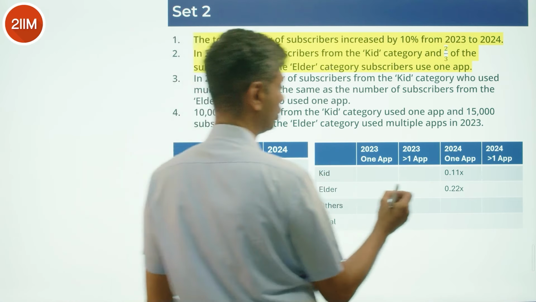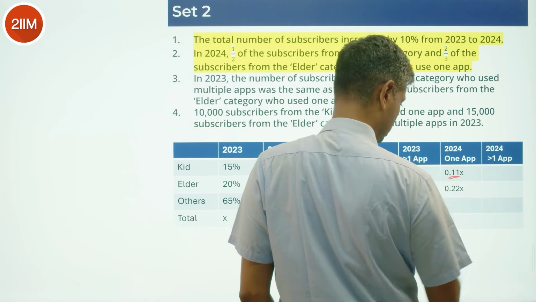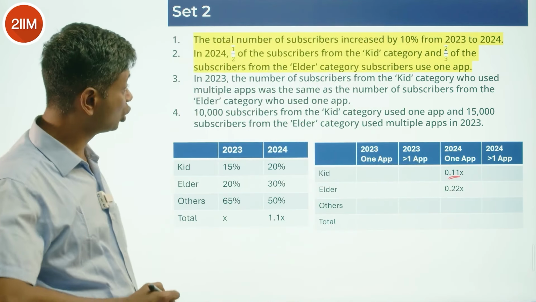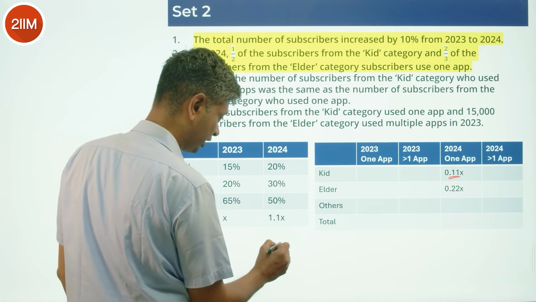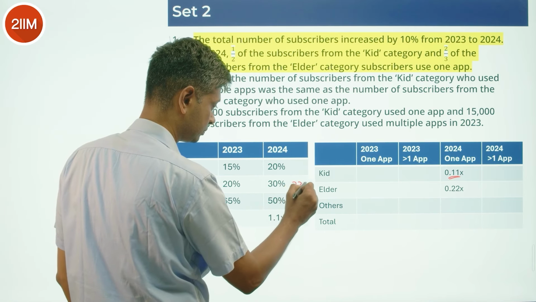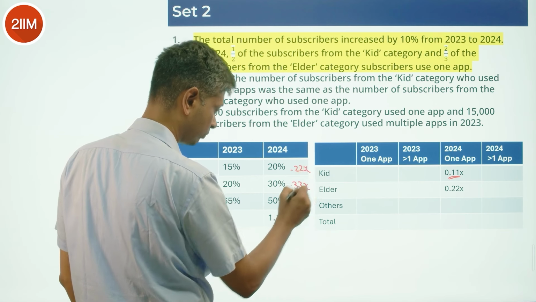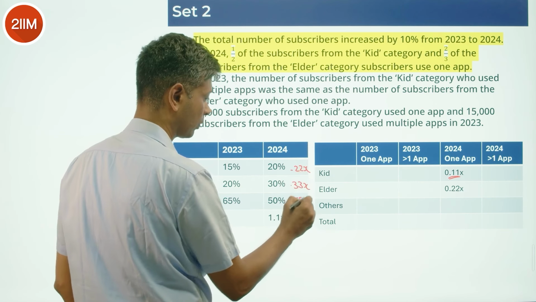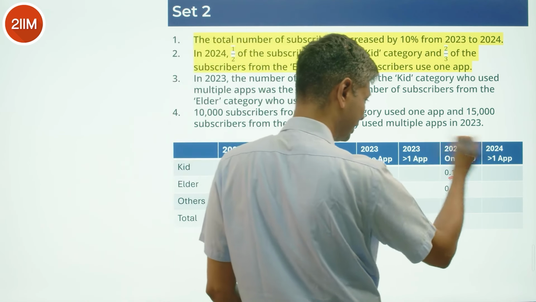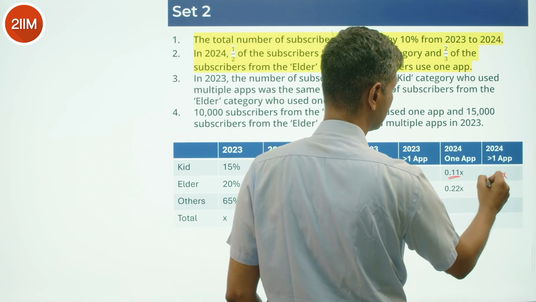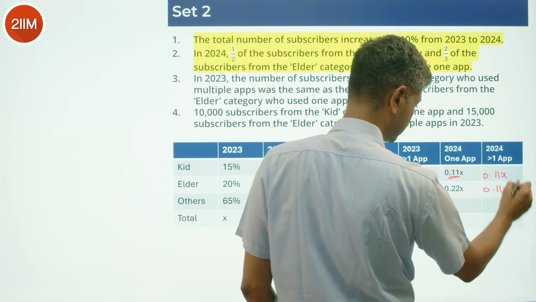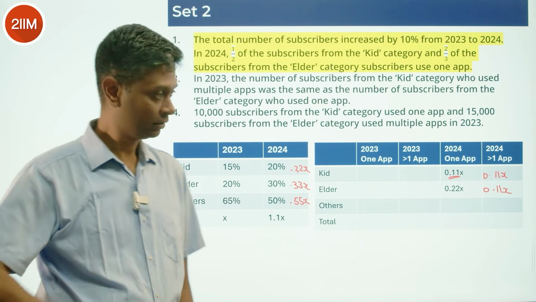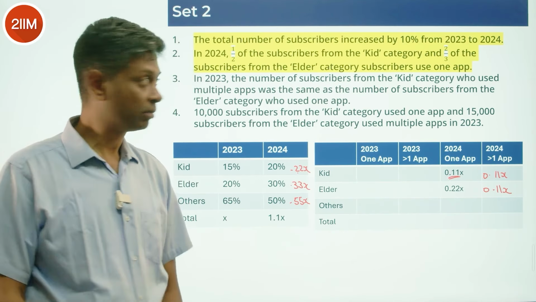Kid total is 0.22, so half is 0.11. And 2/3 of the subscribers from the elder category. Elder total is 0.33X. Half of this is 0.11, greater than one app is the other half. 2/3 is 0.22, the other one is the remaining 1/3. So that we have got captured beautifully.